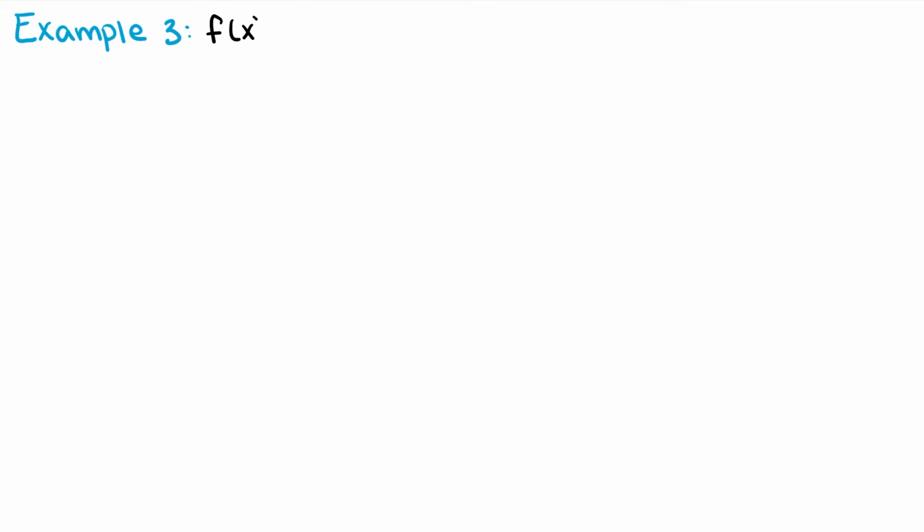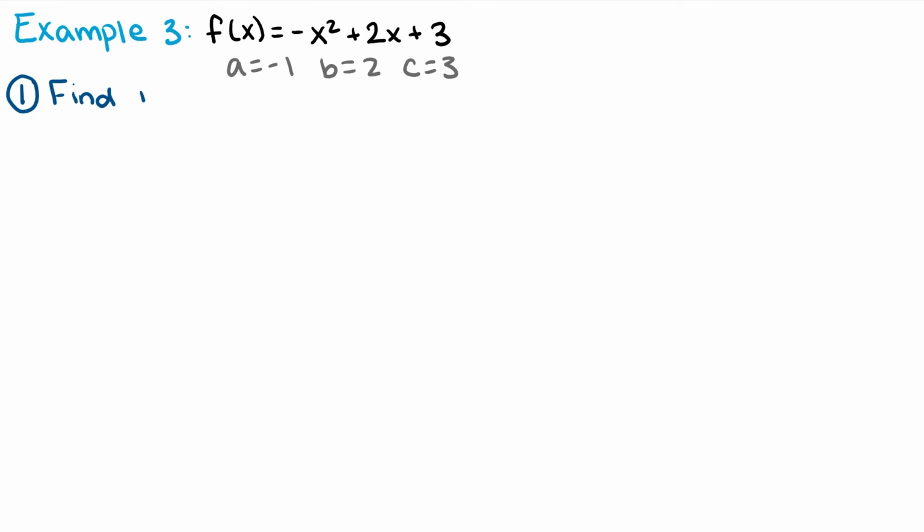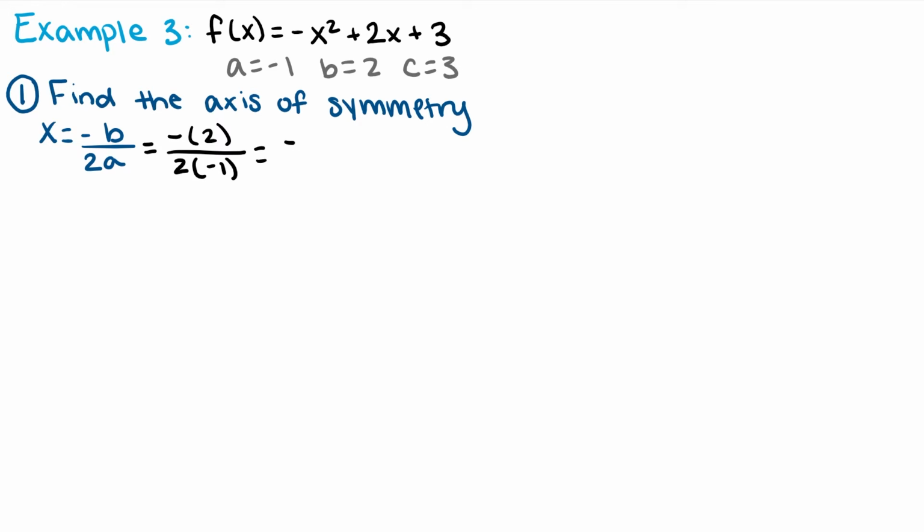Next, we have f of x equals negative x squared plus 2x plus 3. A is negative 1, b is 2, and c is 3. First, we'll find the axis of symmetry. Our axis of symmetry is 1.